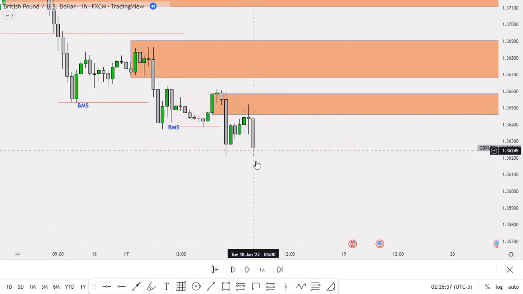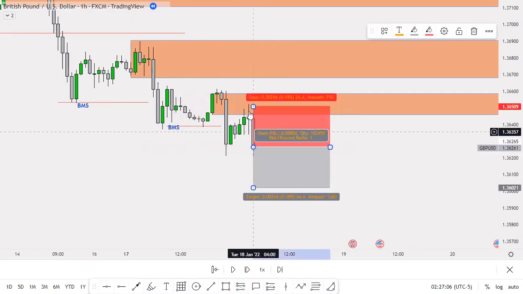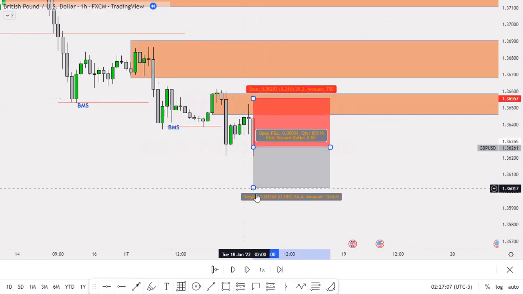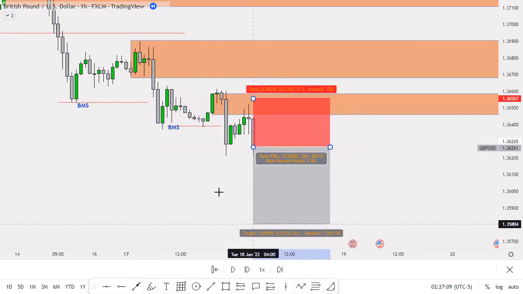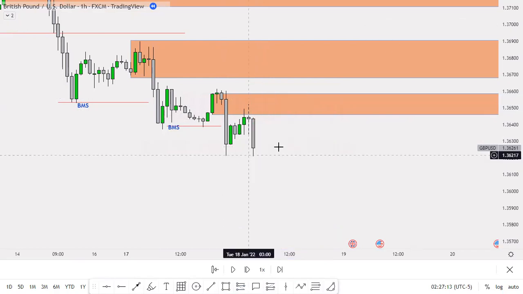And the market is moving down already. So you cannot force it. You cannot enter just here. You cannot think I'm going to enter here and continue selling. No, you cannot do it like that. We already see the market has moved with a strong momentum.